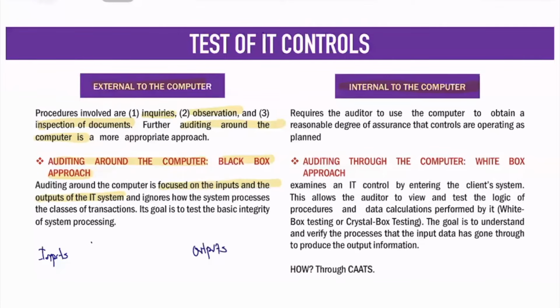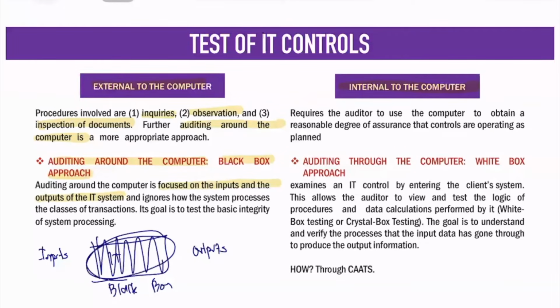So we don't look into the IT itself. Why? That's why it is called a black box. As if you don't look into the IT. So that particular is the black box. There is nothing inside. So what you look into is only inputs and outputs. So around the computer, you look only outside the computer, that is input and output.